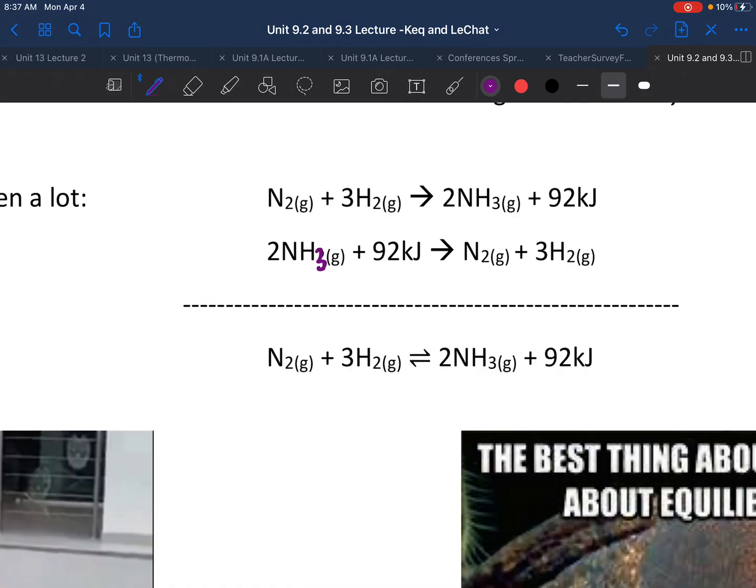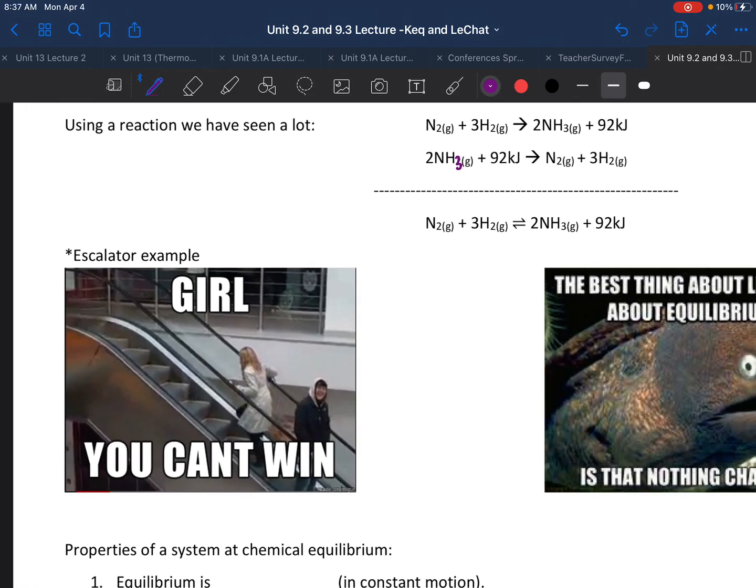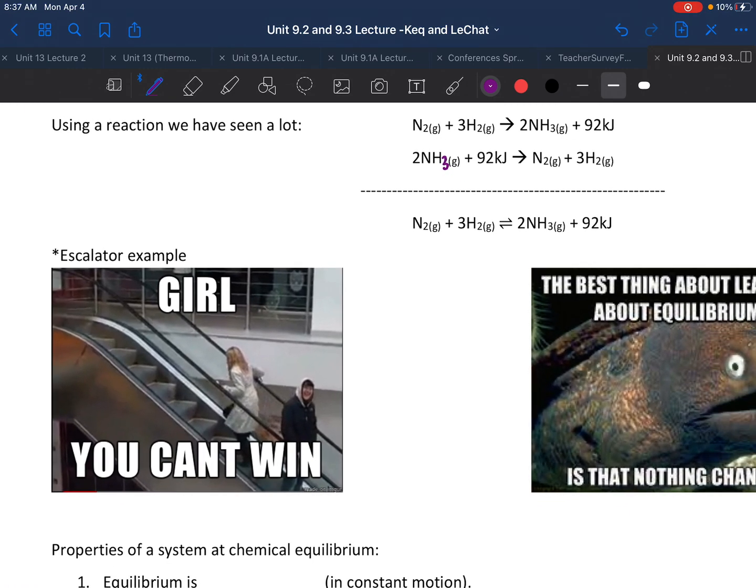So my memes here, for example, the one on the left, "girl, you can't win," because notice how she is walking up a down escalator. Both her movement and the escalator's movement are happening at the same time.